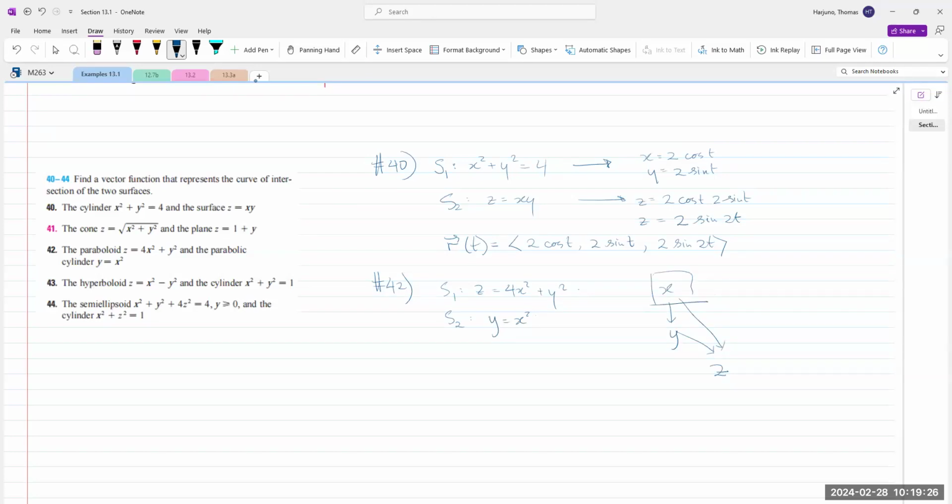You set x equals t, so y will be t squared, and z will be 4t squared plus t squared squared, which is 4t squared plus t to the fourth. In other words, now we can parameterize r(t) as t, t squared, 4t squared plus t to the fourth.